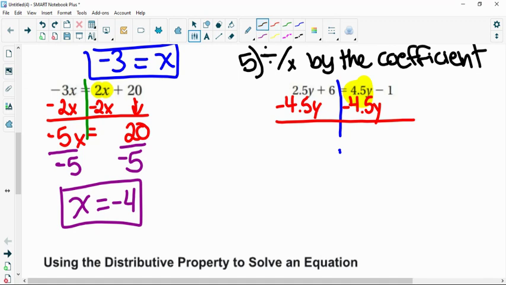On the right side, I have a -1 remaining. On the left side, I still have a +6, but I need to go ahead and simplify or combine together the 2.5y minus the 4.5y.